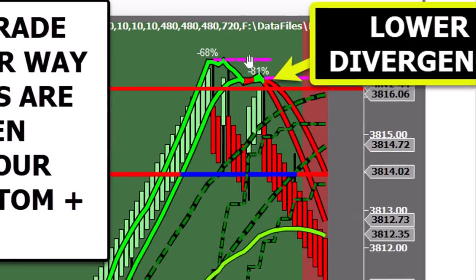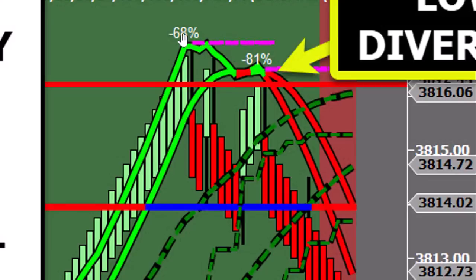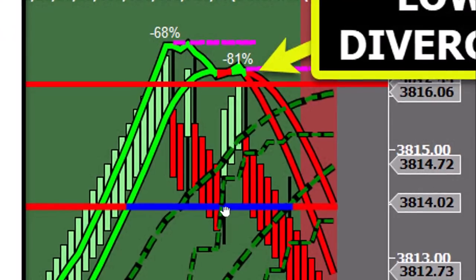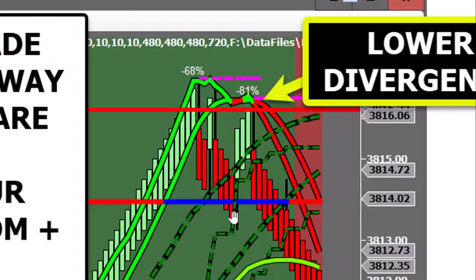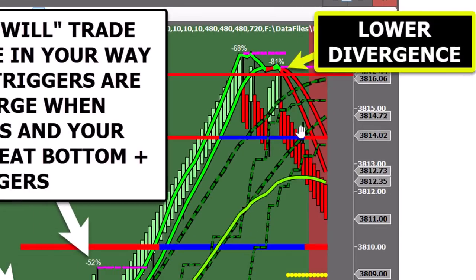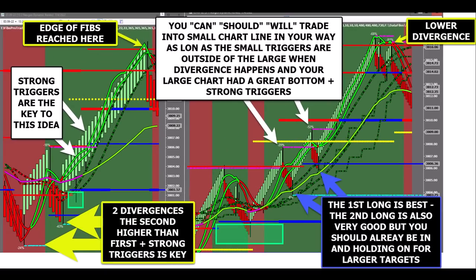And just for grins and giggles, let's say you had divergence and the small triggers are outside. So you said, I'm going to take one more long trade. And then you recognize a lower divergence potential, and then you got out of your long trade. So even at the edge of fibs, not a lot of harm done as long as the configuration is right. Could have kept going, but you'd be very quick, obviously, to manage that type of position.